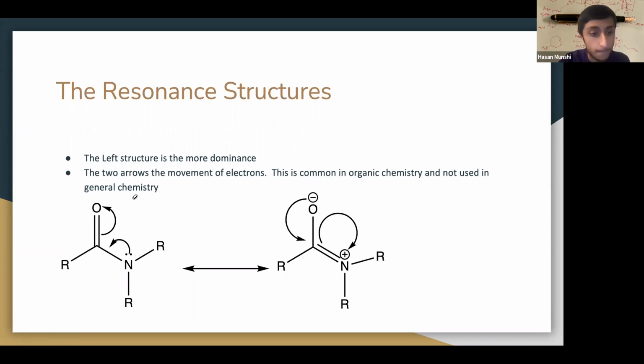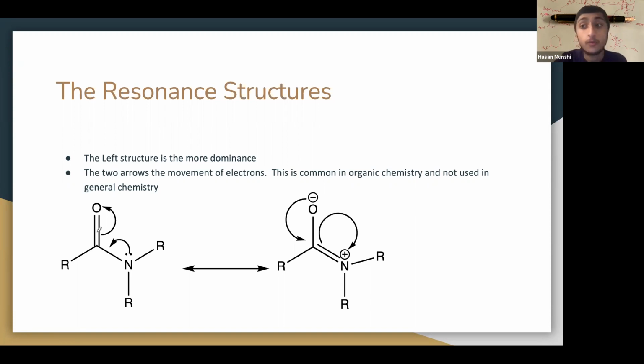So I'm just drawing the two resonance structures here. Again, this one is more dominant, but this one gives good insight. You see this, like I mentioned before, partial double bond character. There's a double bond here, a single bond here. So really, these bonds are not purely double bonds or purely single bonds. It's more of a mixture between a double and a single bond.